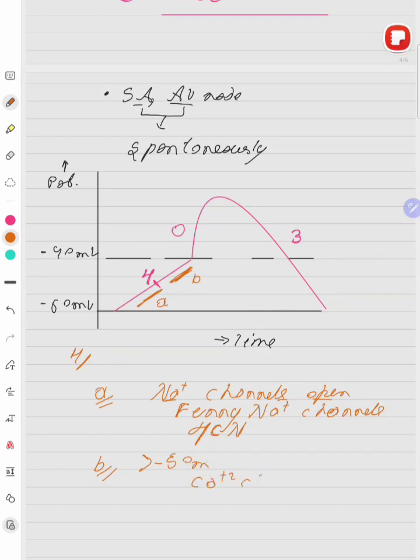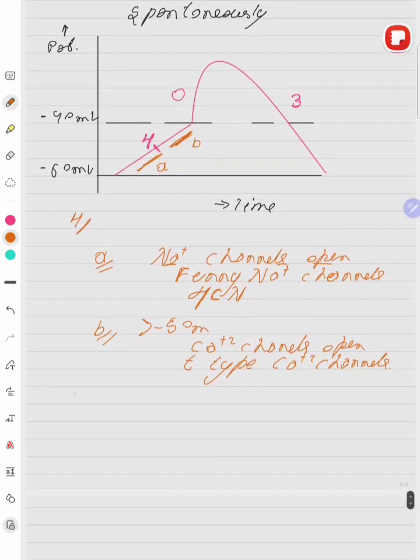calcium channels open. And to be precise, these are T-type calcium channels. And when we look at 0, the graph still moves up, which signifies depolarization.